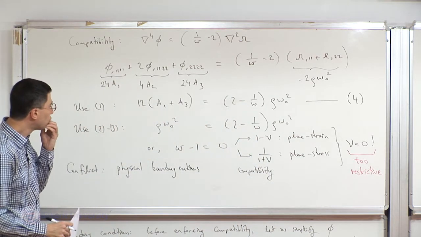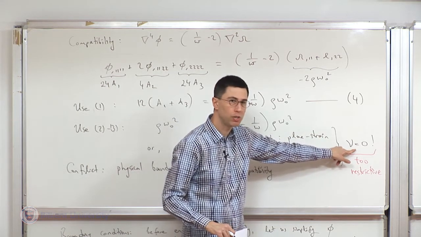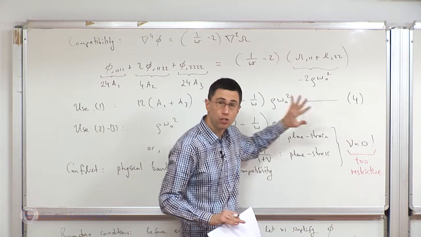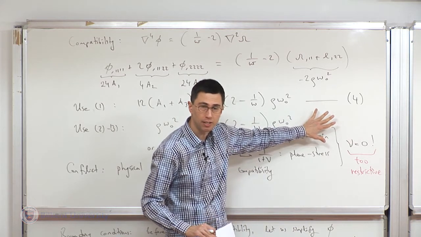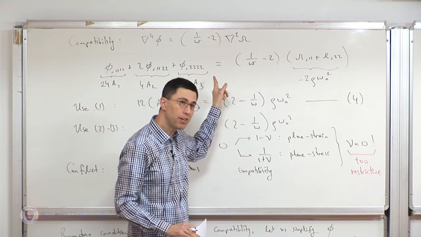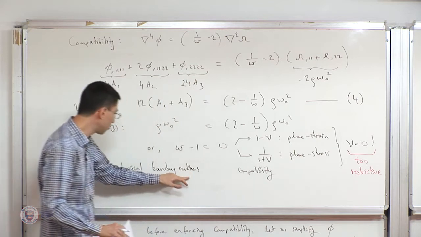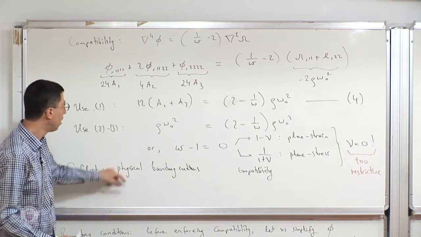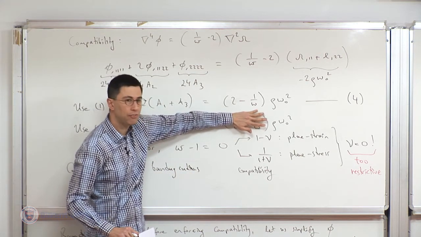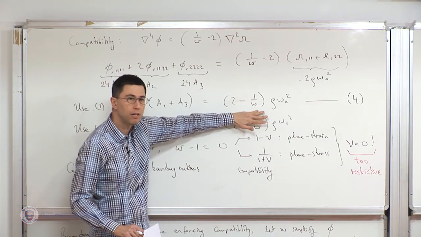Okay. So if omega is not equal to 1 or the Poisson ratio is not equal to 0, I do not satisfy compatibility. But I satisfy boundary conditions, okay? If, on the other hand, I was not careful with the boundary conditions and I did not satisfy my physical boundary conditions, for instance, I could be left with, let's say, equation number 4, which is a constraint on A1 and A3, right?